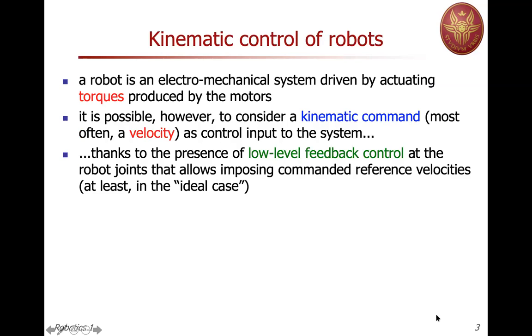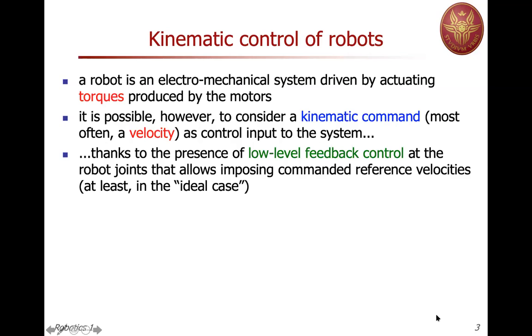Why is that? Because every robot is equipped with a low-level direct feedback control loop, which accepts reference in terms of kinematic quantities and generates the suitable torque using internal feedback as well, for instance, current feedback on the motors and velocity feedback or some approximation of it, and positional feedback in order to impose exactly the desired command.